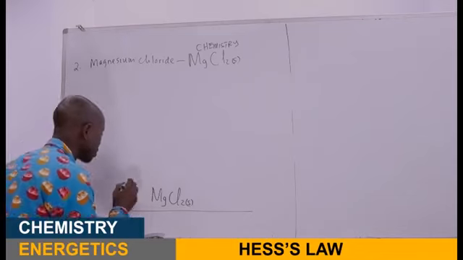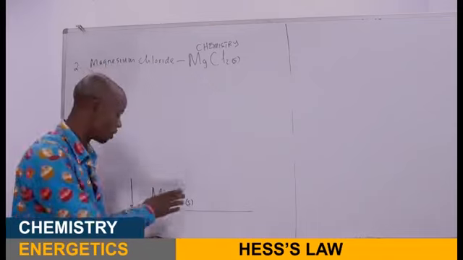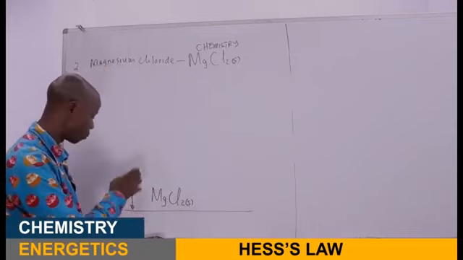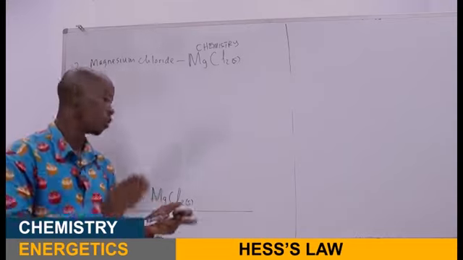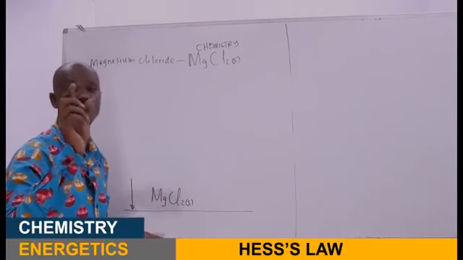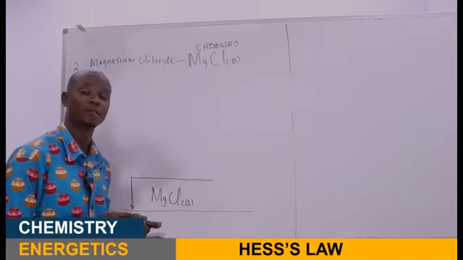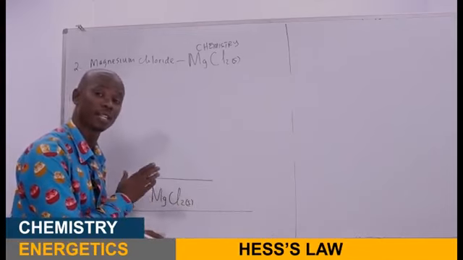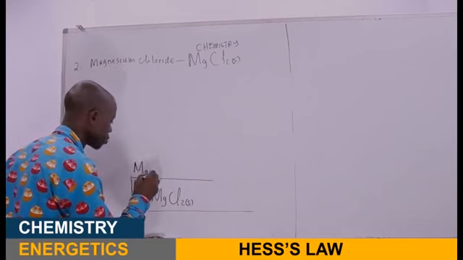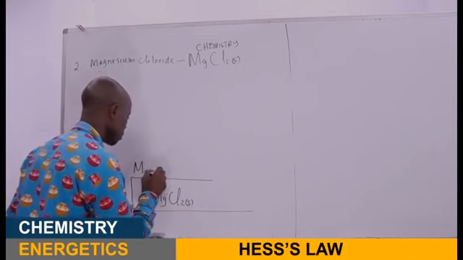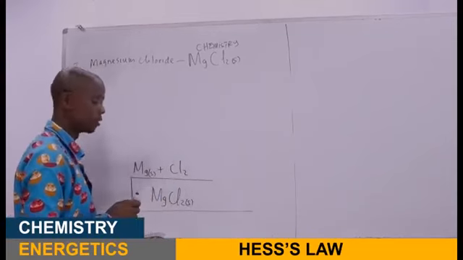Now at the top of it, because the enthalpy of formation of this compound is exothermic, the arrow is pointing downward. So at the top, you write the symbol for each element that has been used to make this compound, in their pure standard states, as I said. So magnesium solid, because it is a metal, plus chlorine.